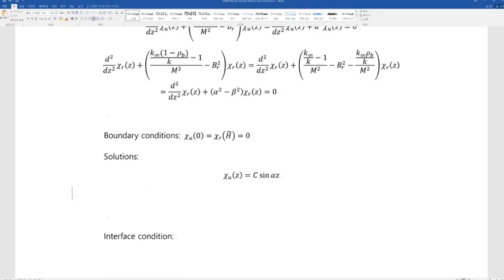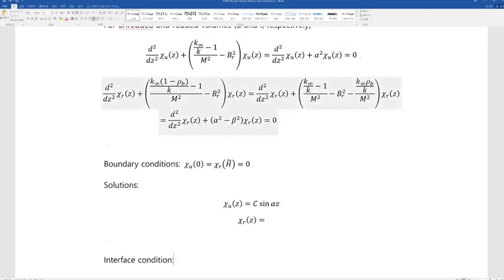And what about the loaded part? So here we see the equation for the loaded part. It depends on whether alpha is bigger than beta or beta is bigger than alpha.